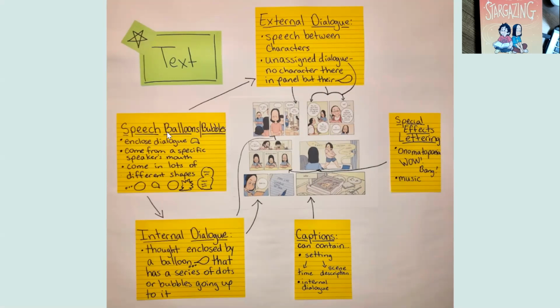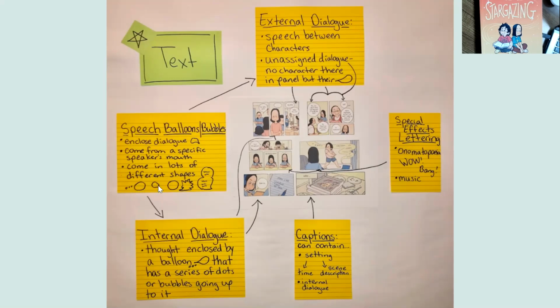Another form of text is speech balloons and bubbles, right? There is enclosed dialogue where our character may be talking or speaking. It comes from a specific speaker's mouth, and they come in lots of different shapes. So for example, we could have a thought bubble.